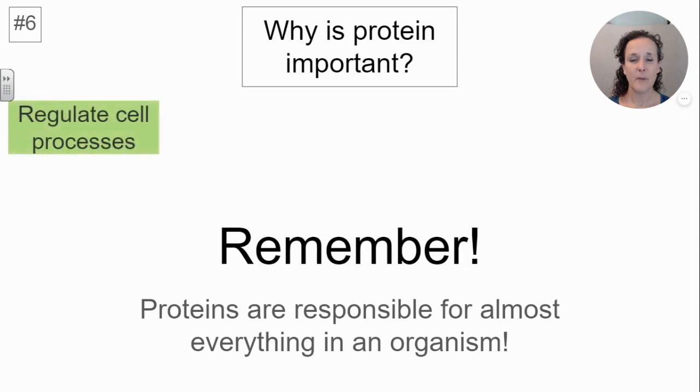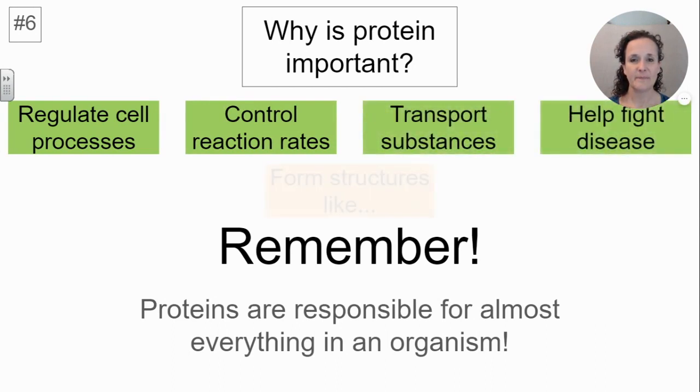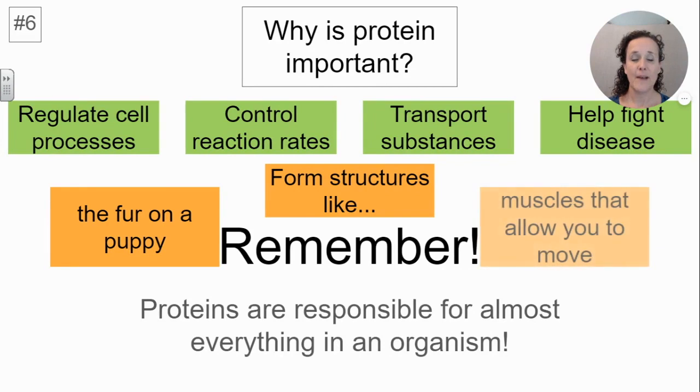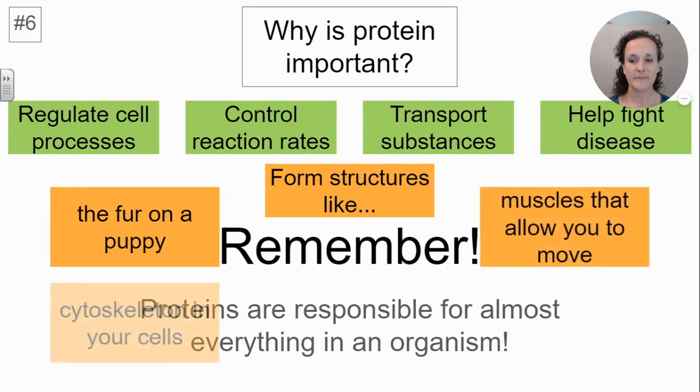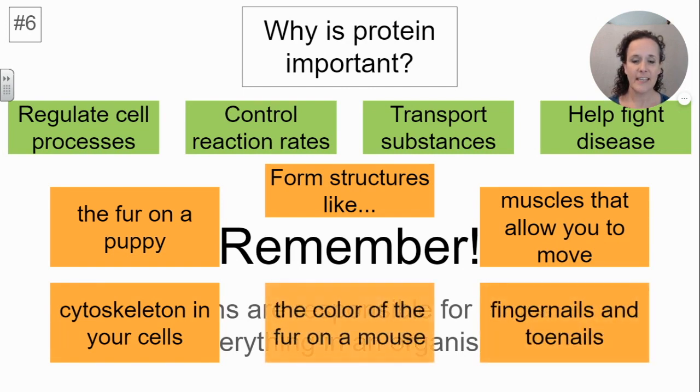They regulate cell processes, they control reaction rates, they transport substances, and they help fight disease. They also form structures like the fur on a puppy, or the muscles that allow you to move, the cytoskeleton inside of your cells, your fingernails and toenails, and even the color of the fur on a mouse.